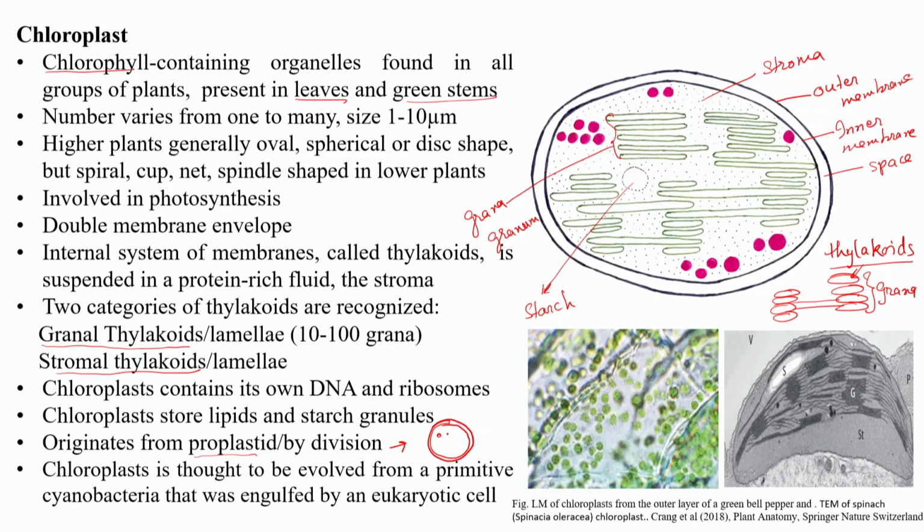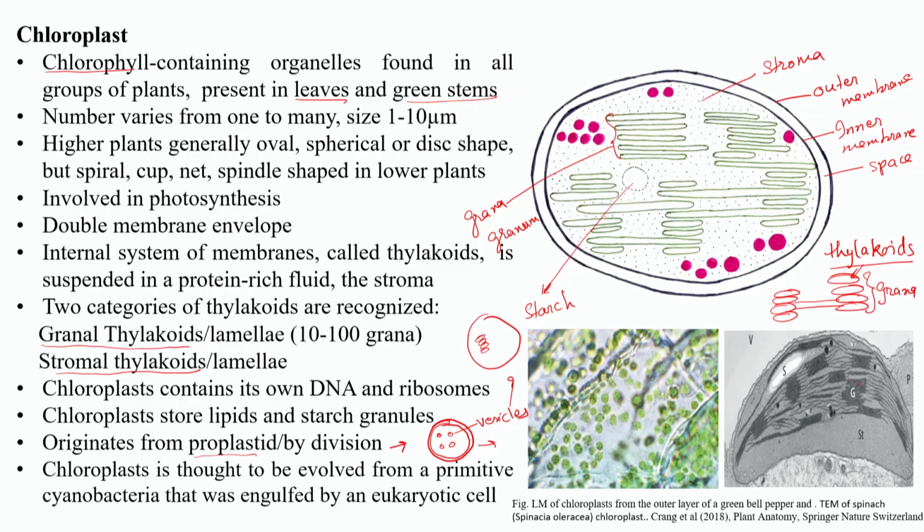Now the inner membrane forms small vesicle-like structures, and when they are destined to form chloroplast, these vesicles will unite together to form thylakoids, a flat disc-like structure. Later these disc-like structures will stack one above the other to give rise to grana. So in this way chloroplast will be generated.